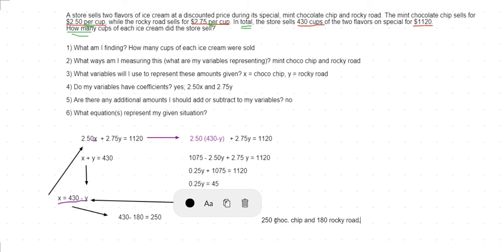That'd make me $625 plus, if I were to multiply 275 times 180, that'd give me $495, and that would make $1,120, which was the same amount we sold in the beginning. So I know that checks out when I check the math using my calculator.